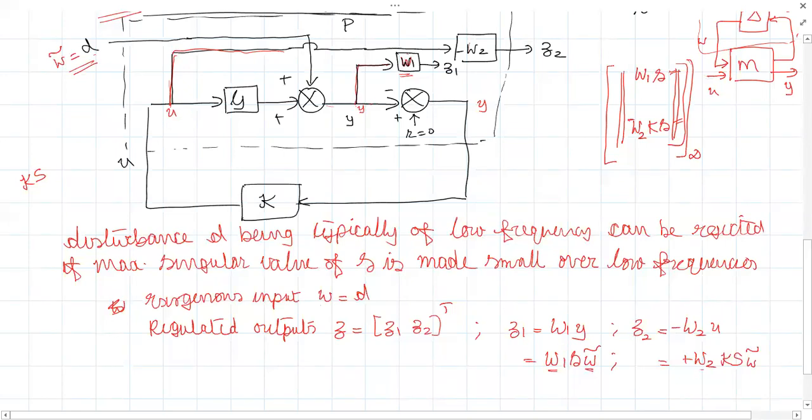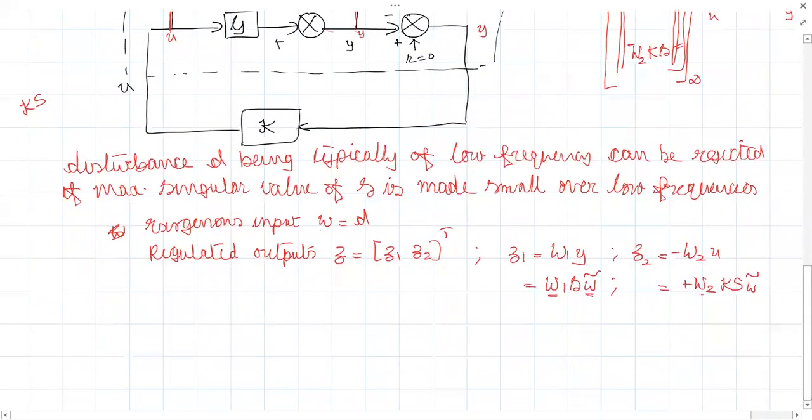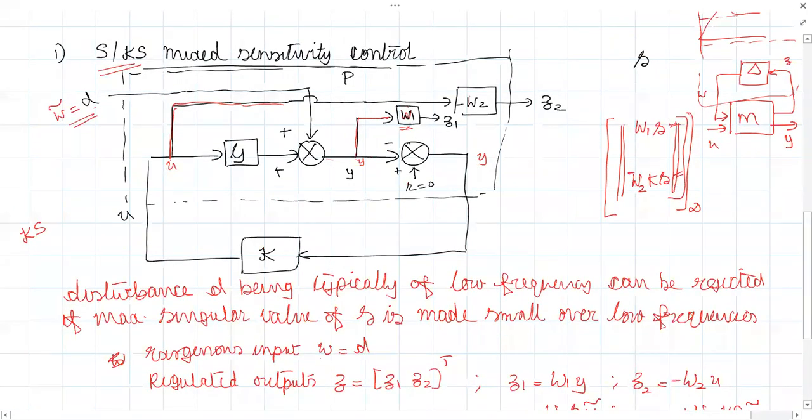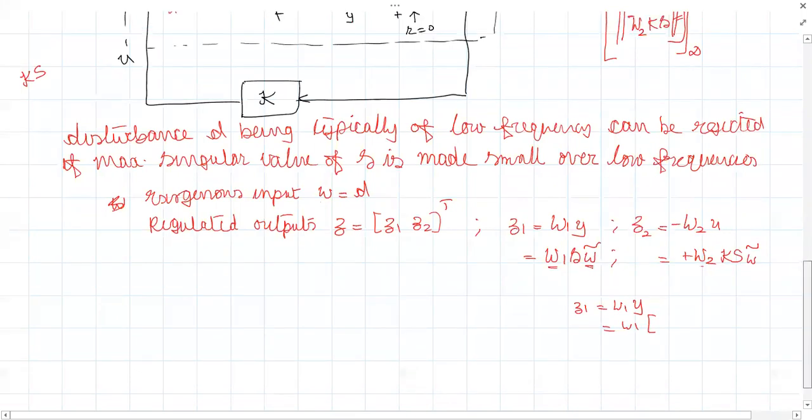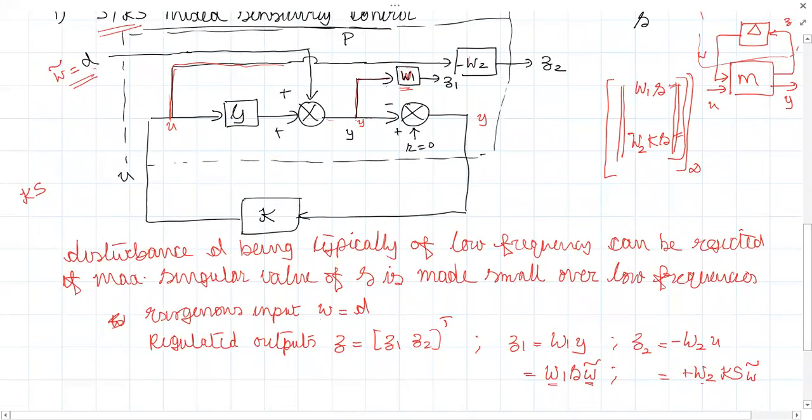So what will be the generalized plant elements? How will you find that? What is Z1? W1 into Y. We are trying to bring it into the standard two-block form.